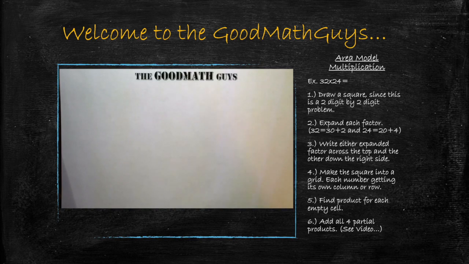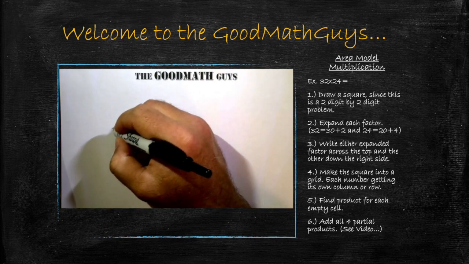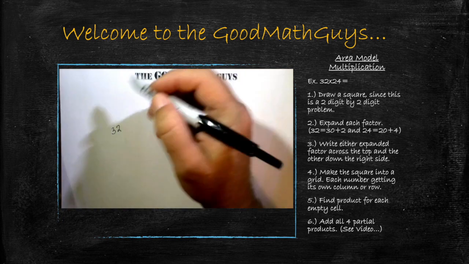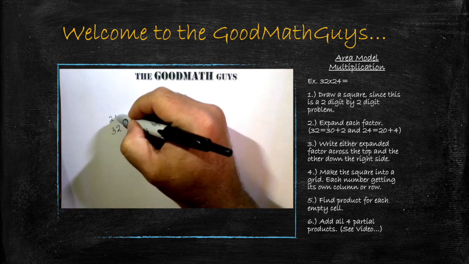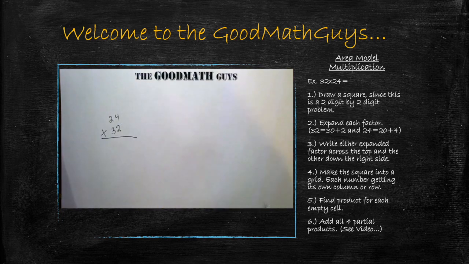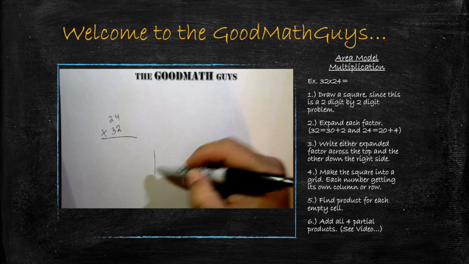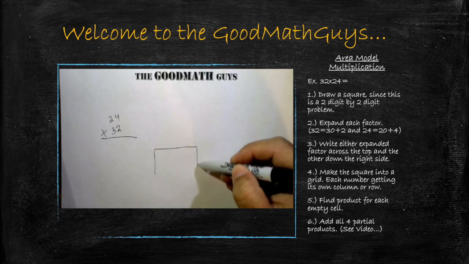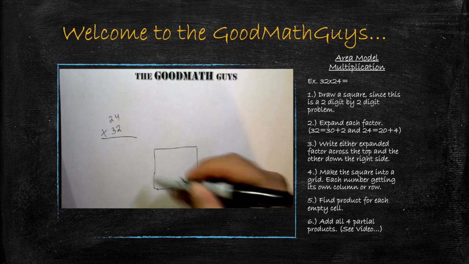It really caters to students who have a harder time memorizing the steps for multiplying when we're talking traditional multiplication. So if we take the same problem that we've been working on in these videos, which was 32 times 24, all the students are going to need to do here is, just like the lattice method, draw a square because it's 2 by 2.